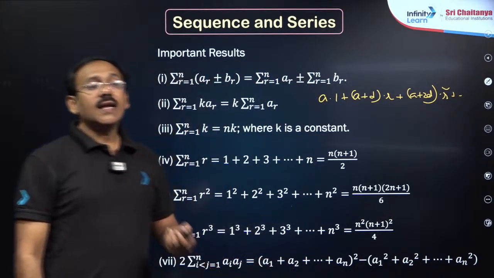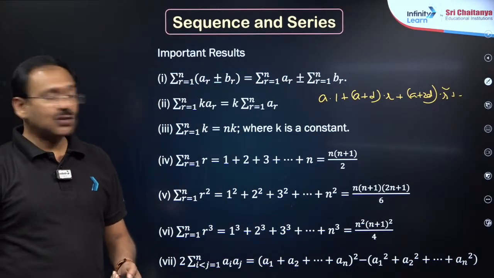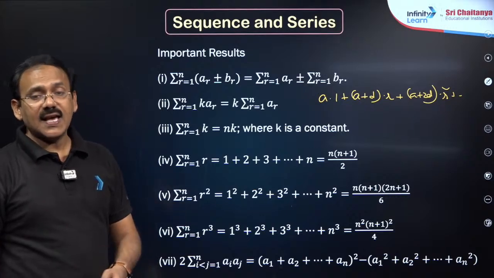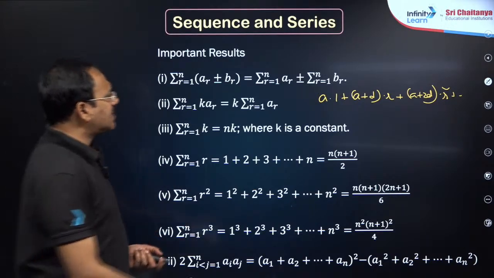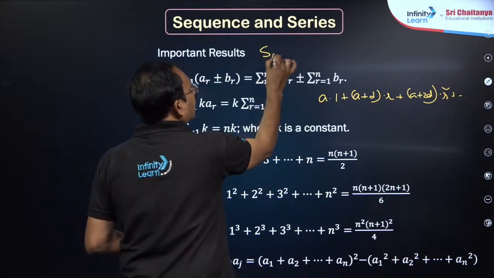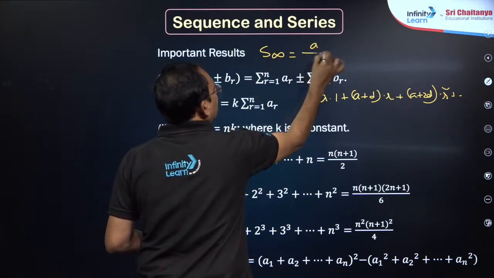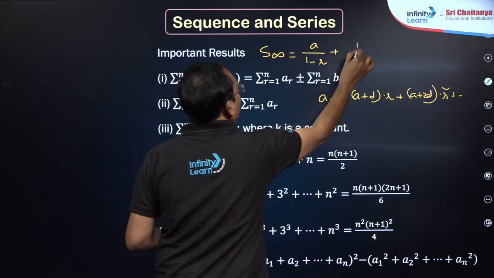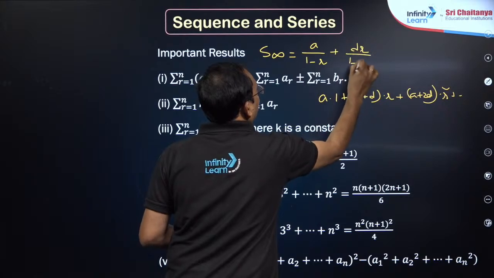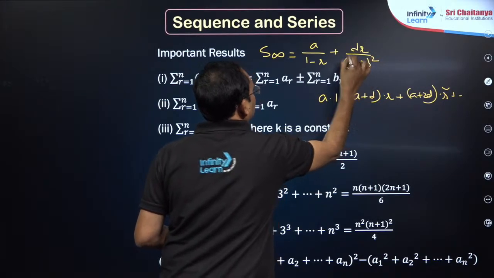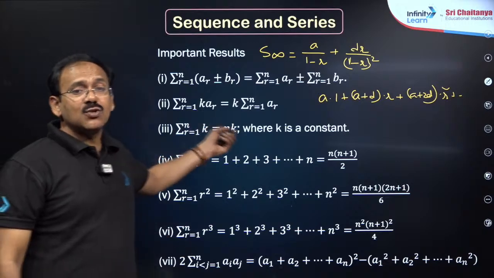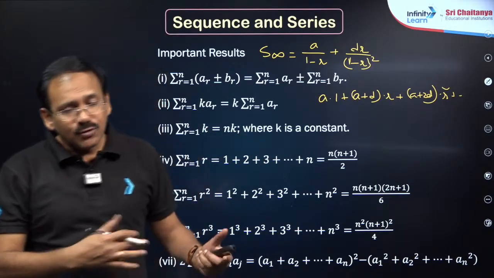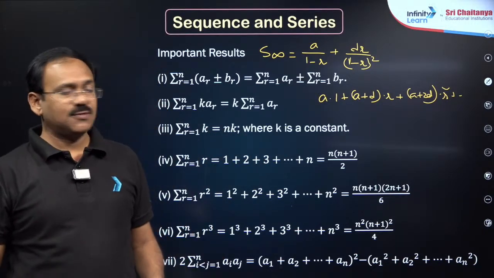In AGP, you are asked to find Sn or S infinity. S infinity is very important. If mod R is less than 1, S infinity is A by (1 minus R) plus DR by (1 minus R) whole square. Please do remember, otherwise you have to derive it. It takes a lot of time, dear students.